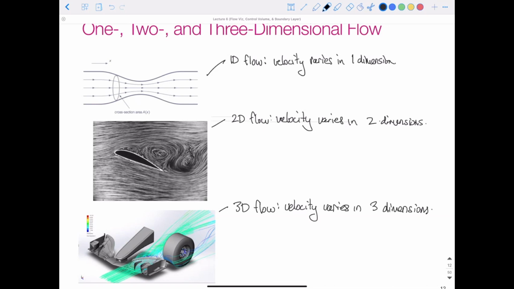And then likewise, 2-dimensional flow, for example, flow in this duct at the top going through a venturi. Even though the velocity is changing slightly in that vertical direction, as it's shown there, it's not very significant relative to the flow in the x direction. So we can model most of this flow as just one-dimensional flow.